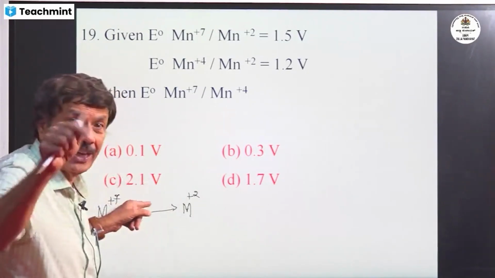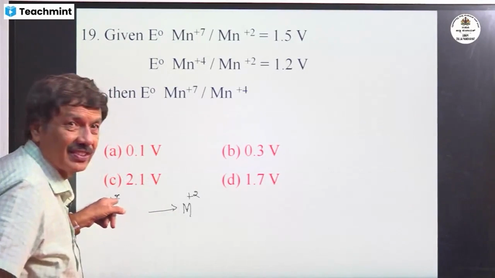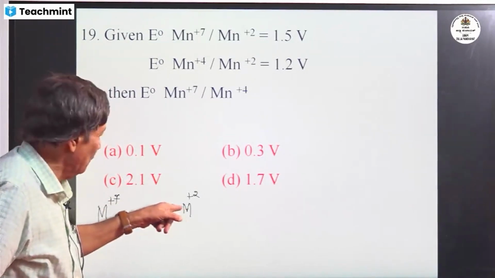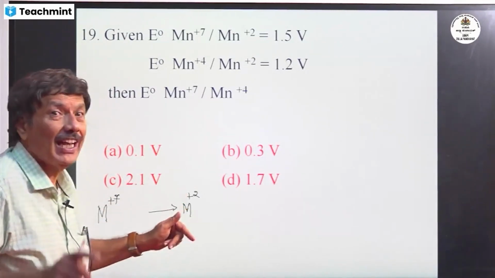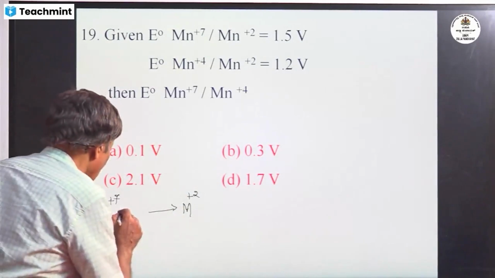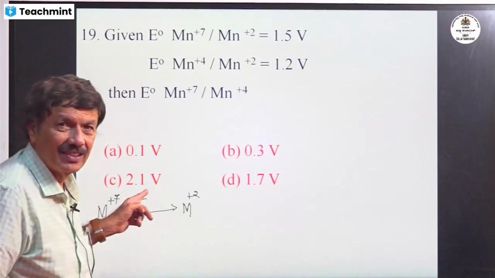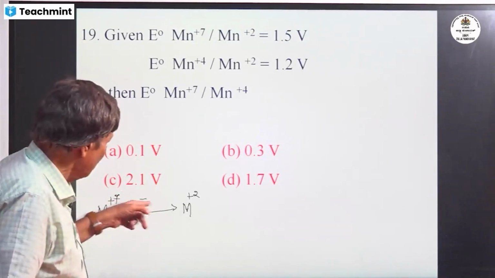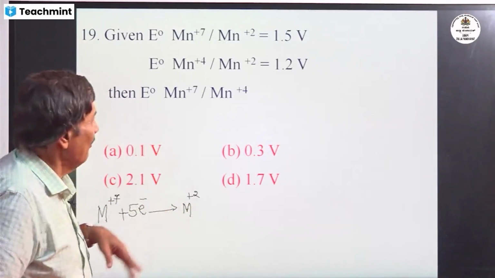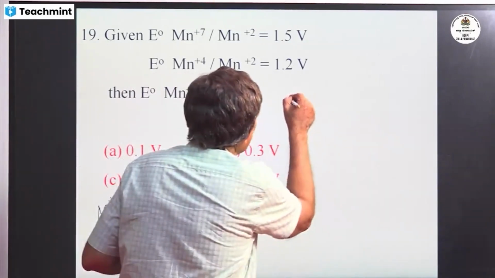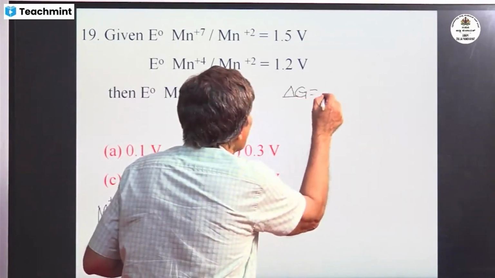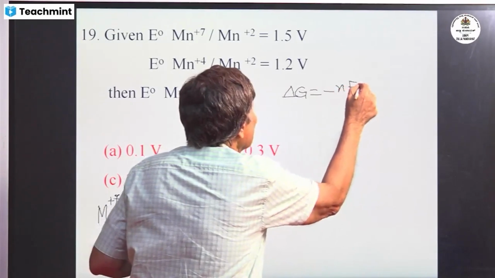Each electron is minus 1. Here 7 plus, the charge went to 2 plus. So how many electrons you have to add? 5 electrons, because each electron is minus 1. So 7 plus minus 5 is plus 2. The formula I shall write here: delta G is equal to minus nFE.